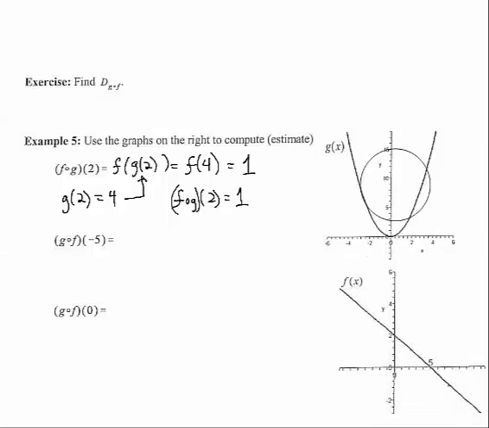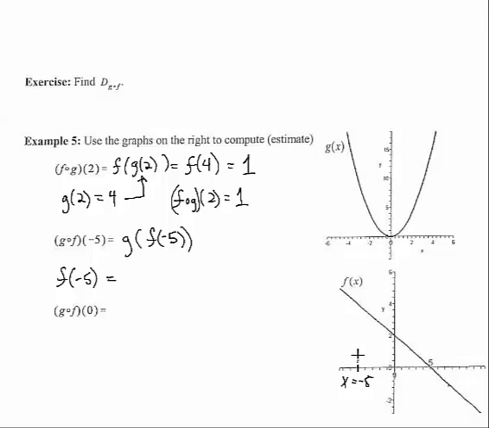We're going to have new input and output values for this next example. And now we're inserting a different number and the functions have changed order, and we are putting f inside of g. So the first question is, what is f of negative 5? We look to f and we count 1, 2, 3, 4, 5 on the x-axis to the left of the origin, x equals negative 5.